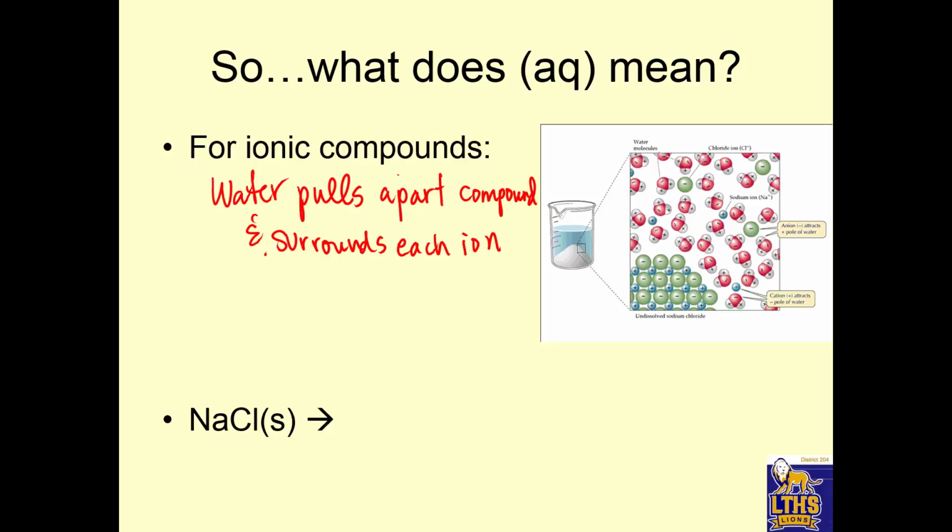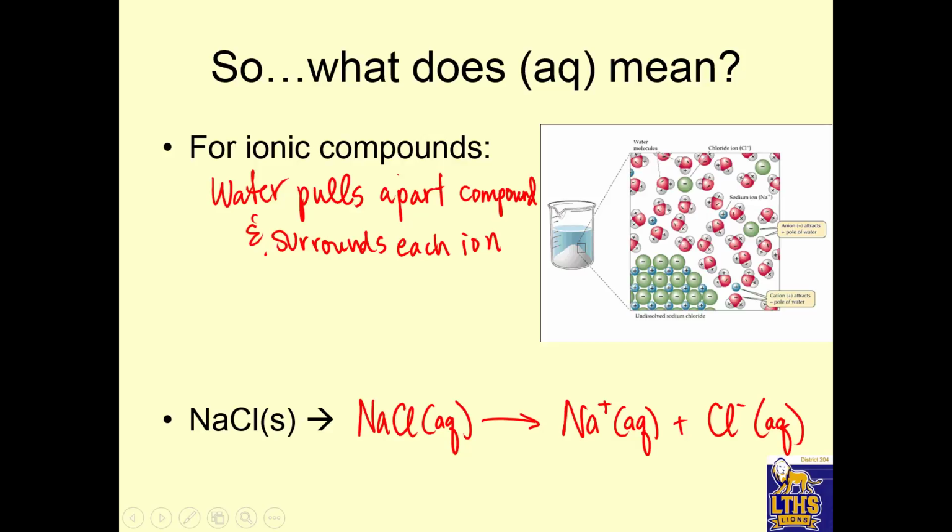So NaCl solid turns into NaCl aqueous when it dissolves in water. But what that really means is Na positive ions are surrounded by water, and Cl minus ions are surrounded by water. So anytime you see an AQ, this is what it really means.